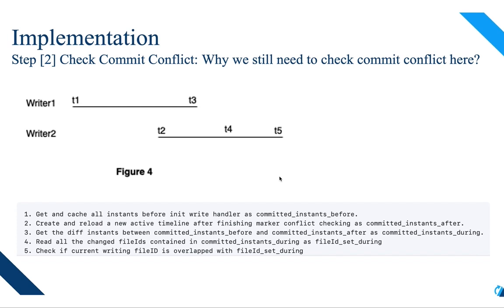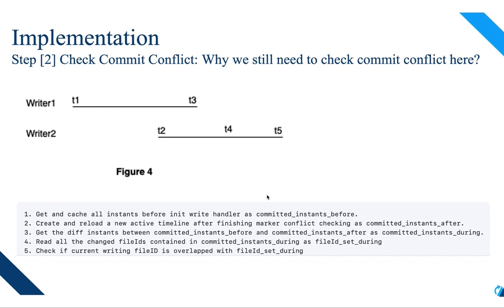In order to avoid such delay of early conflict detection, it's necessary to add a step of checking commit conflict during the detection. First, we get and cache all instances before init write handler as committed instance before. Second, we create and reload a new active timeline after finishing marker conflict checking as committed instance after, and get the diff between committed instance before and committed instance after as committed instance during.